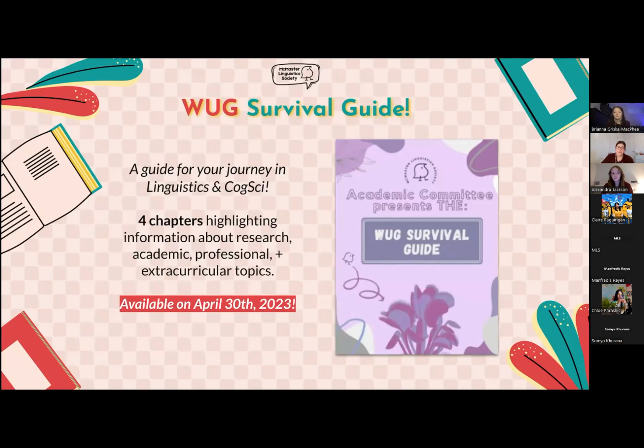So it is going to have information in chapters, which highlight information about research, some of the stuff that we talked about today, and some more information on academic topics, professional topics, and extracurricular topics. It'll all be split off, and that'll be available online. It'll be posted probably on the Discord as well as on the Linktree on April 30th of, wow, I saw 2023 and I was shocked for a second. I was like, that's not this year. It is this year.